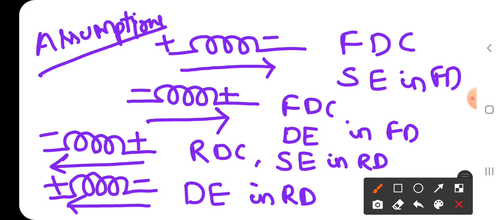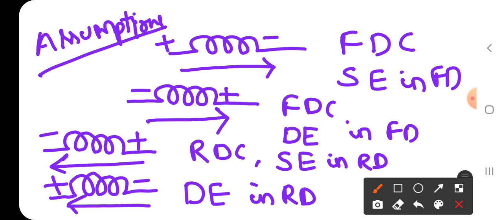The first figure illustrates that the current flows in the forward direction and the inductor stores energy in the forward direction. The second figure illustrates that the inductor discharges its energy in the forward direction, the third figure illustrates that the inductor stores energy in the reverse direction, and the fourth figure illustrates that the inductor discharges its energy in the reverse direction.